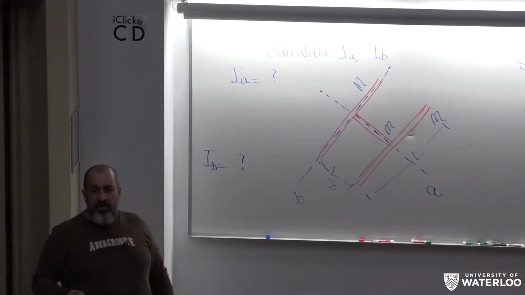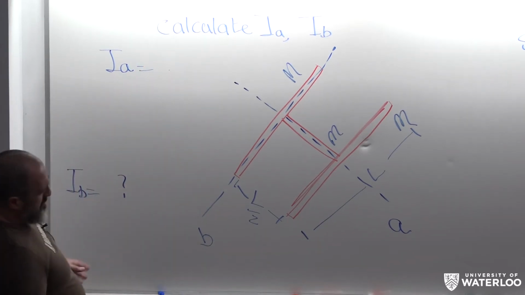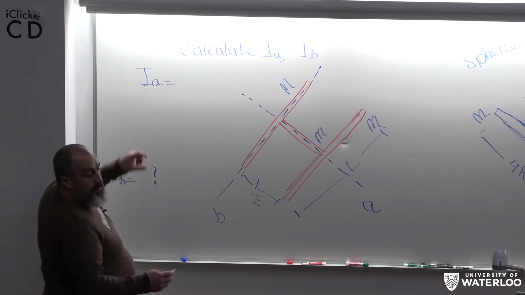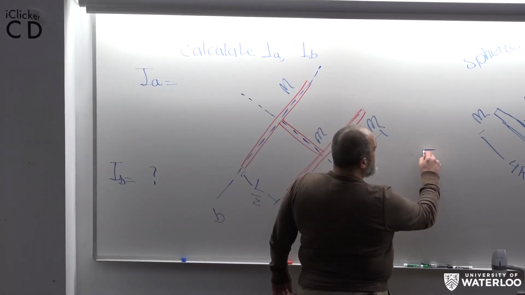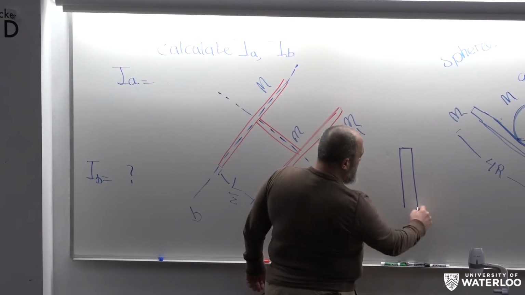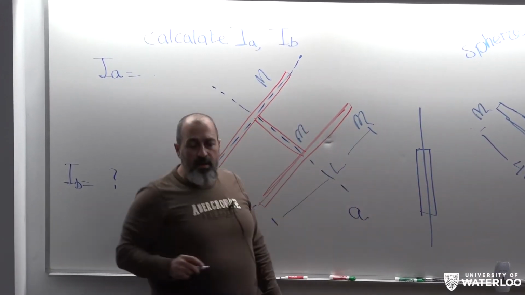Okay, folks. So I about A should be what? One thing you will need to answer this question: what is I of a thin bar about an axis running through the bar? 0. Why?